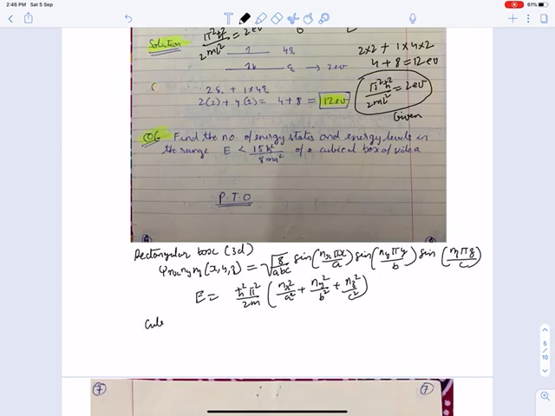Same as the cubical box, it is 3D. Here a equals b equals c equals L, because it is cubical, so we have the same length.